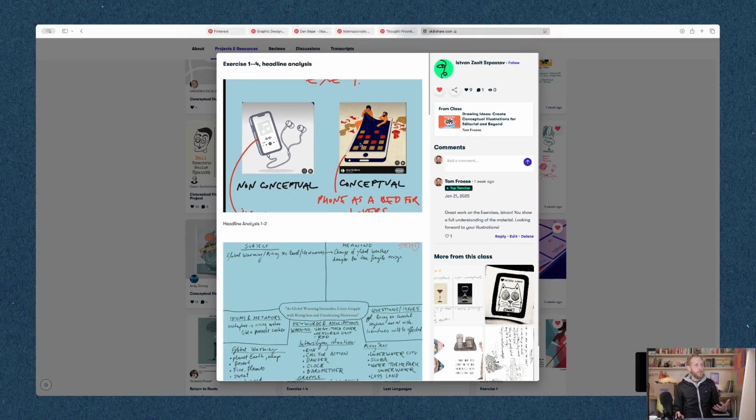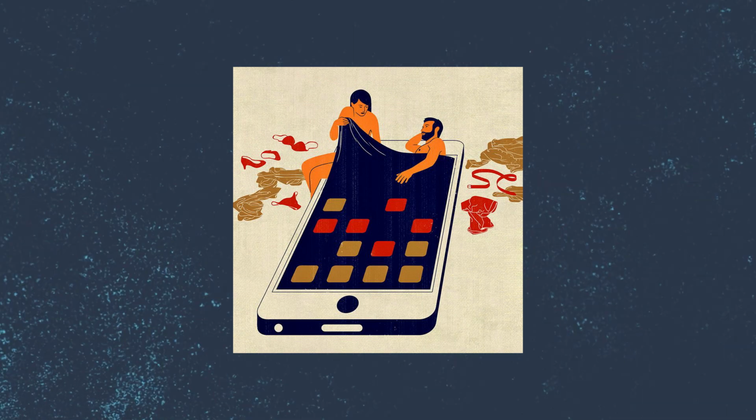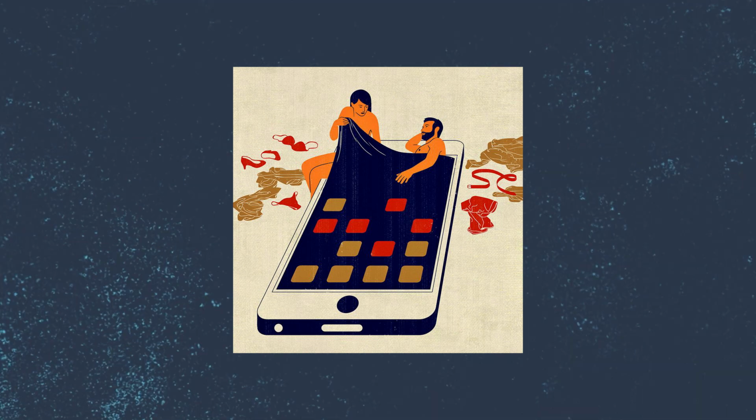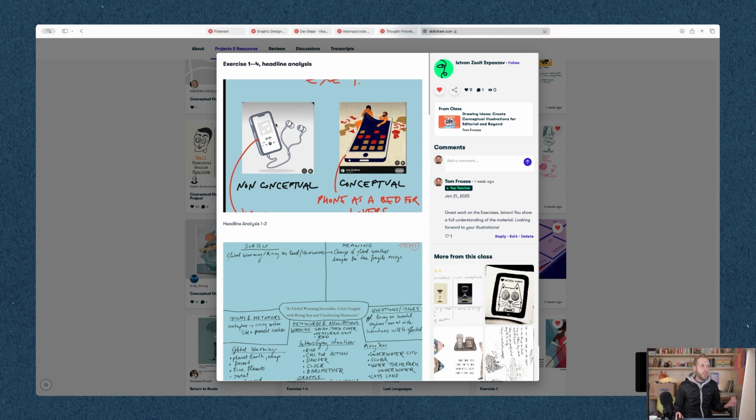So the concept here is maybe online dating or hooking up through some kind of app like Tinder on your smartphone. They're both phones, but one is just a representation or an illustration directly of a phone, an iPhone. And the other is more of an idea using the iPhone as a metaphor or symbol of some kind.